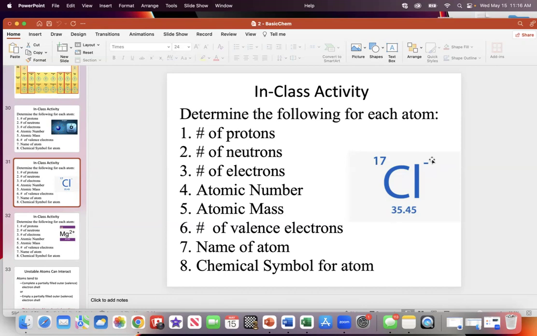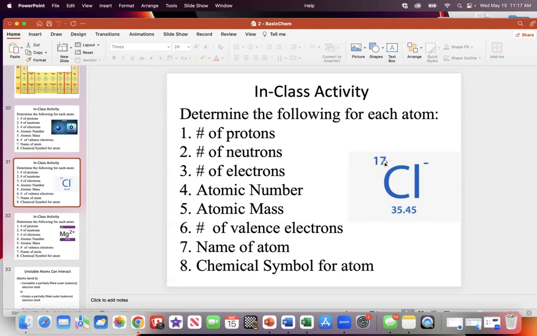Every time you see a charge, you know it's an ion. And it's -1. 1 is the only one you can choose not to write. If it's 2 or 3, you have to put it on. So negative means -1. This guy, chloride, has -1 charge.